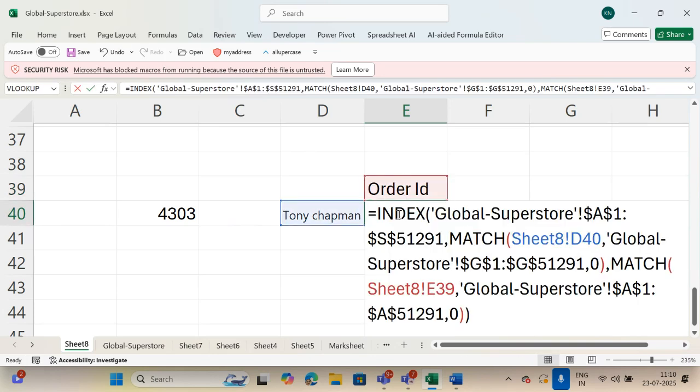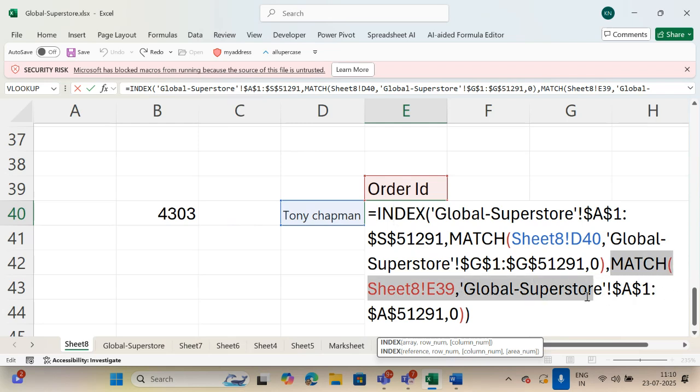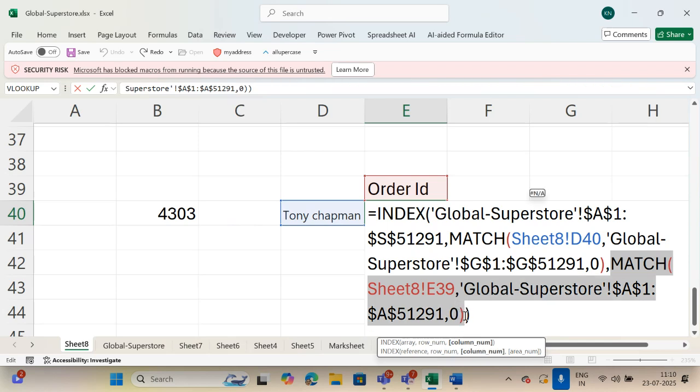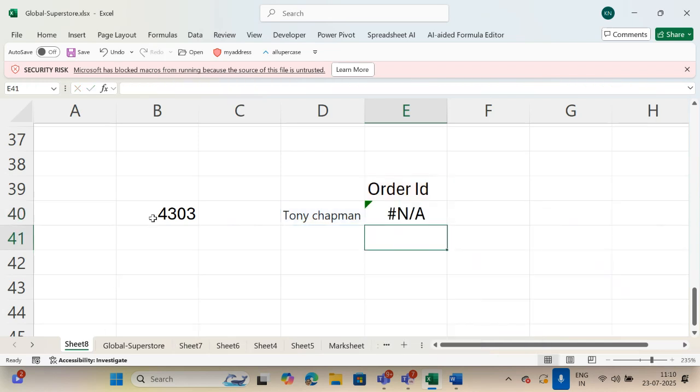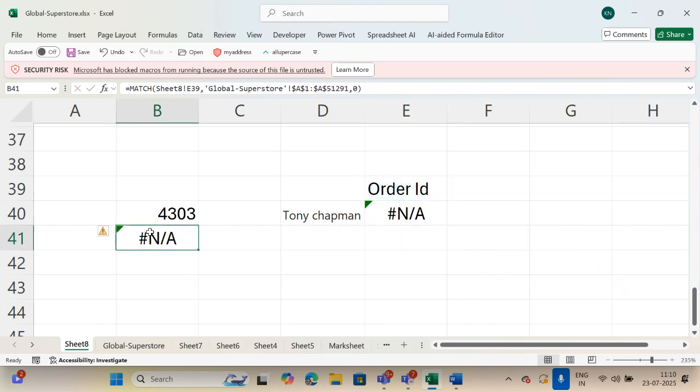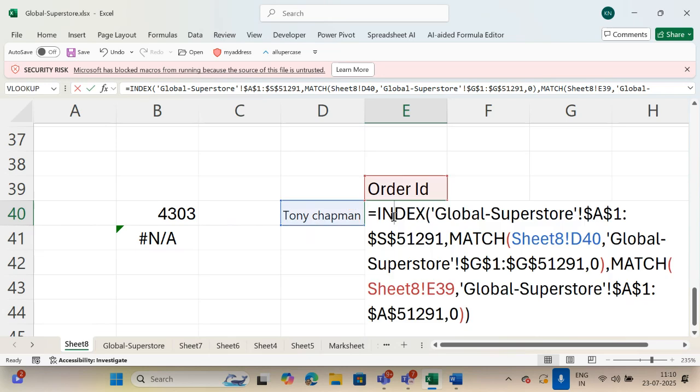In the column number, what is it giving? I'm sure you got the things when you learn through my example. See, it should give me the one. It is not available, so what does that mean? E39, A12, A51, so it is a row number. Instead of that, it should be the headings.